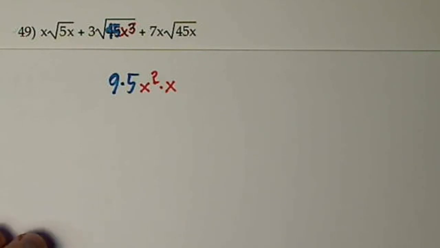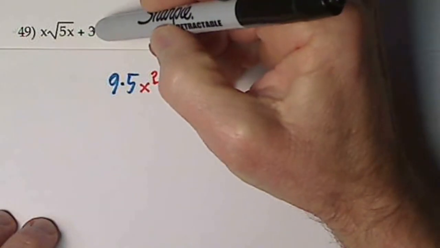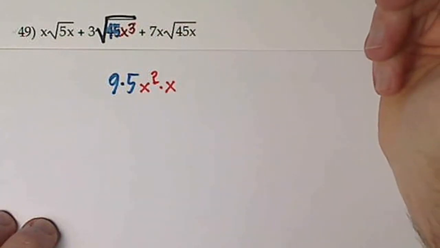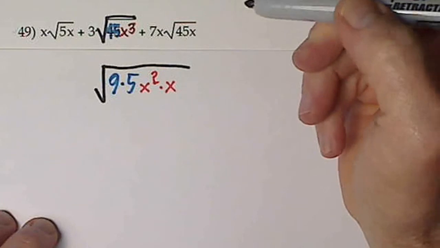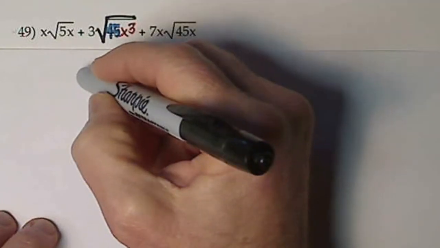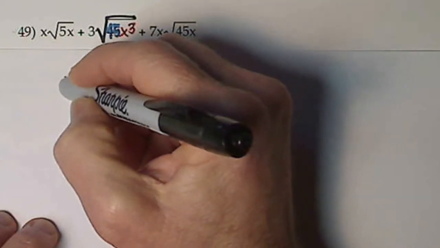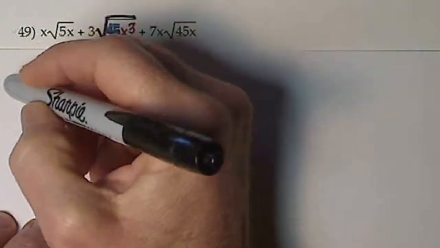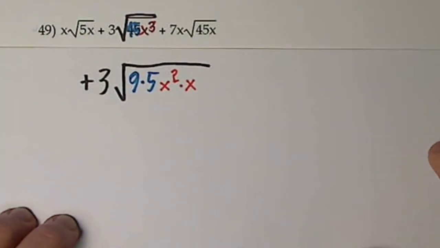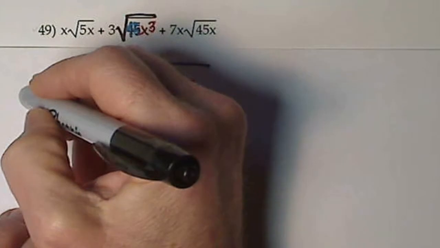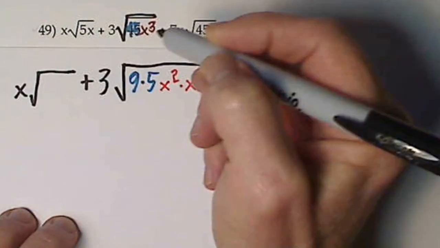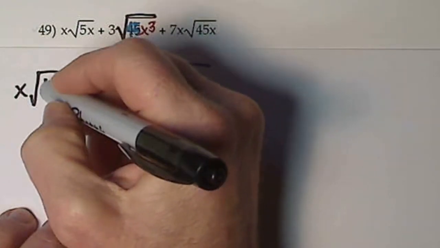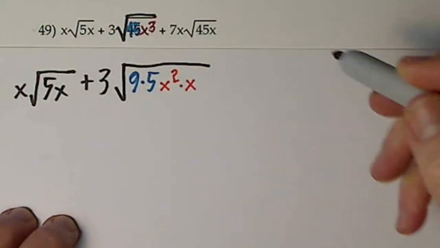Alright, so all I've done so far is rewrite what's underneath this radical sign. Alright, so I'll put the radical sign in place. The 3 is sitting in front. This plus sign. And then in front here, we have x times radical 5x.